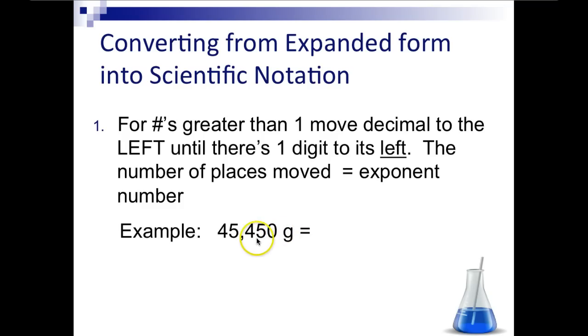So 1, 2, 3, 4. There's one digit to the left of that decimal. And then the number of places we moved it is the exponent that goes with that 10. So 1, 2, 3, 4. We moved it 4 places. So when we write it in scientific notation, it's 4.5450 times 10 to the 10th.